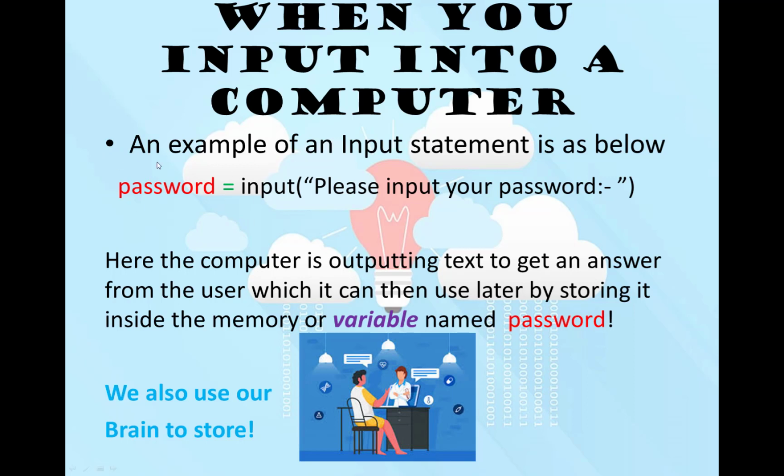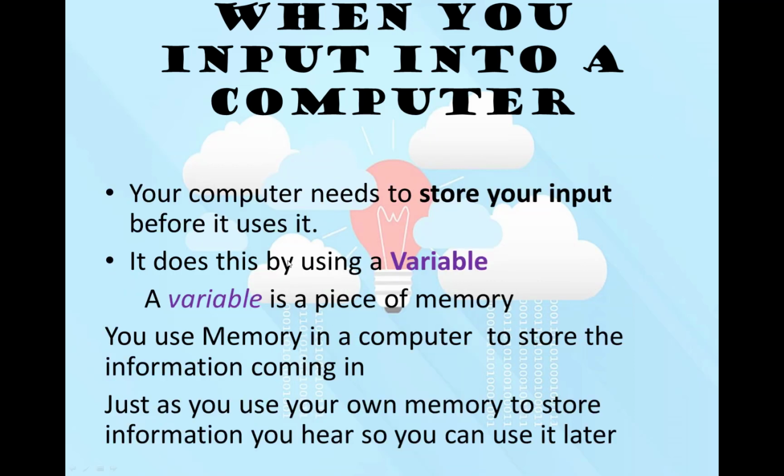It has to store it away to process it. Similarly, you get this password, which is a piece of memory written inside the computer called password, and it stores whatever you enter.